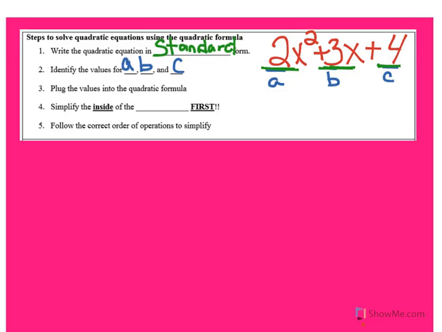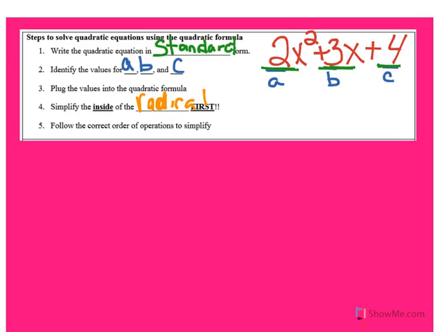Once we know that, we plug those numbers, the 2, the 3, and the 4, into the quadratic formula. Now this is key, essential, super important: we simplify inside of the radical first. According to order of operations, we go underneath the radical. The square root and square undo each other, they're opposites, so the square root falls under the same category as exponents.